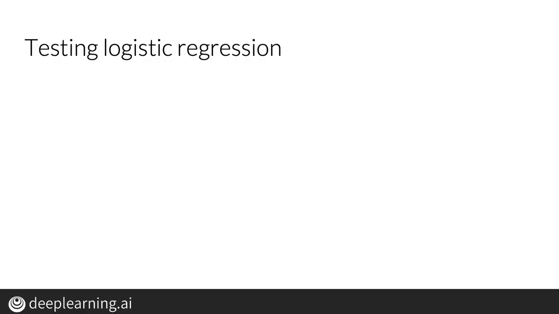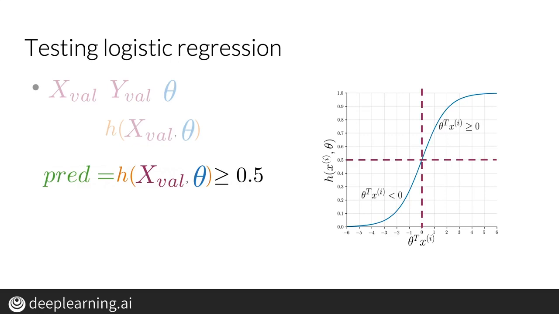For this, you will need xval and yval, data that was set aside during training, also known as the validation set, and theta, the set of optimum parameters that you got from training on your data. First, you will compute the sigmoid function for xval with parameters theta. Then, you will evaluate if each value of h of theta is greater than or equal to a threshold value, often set to 0.5.